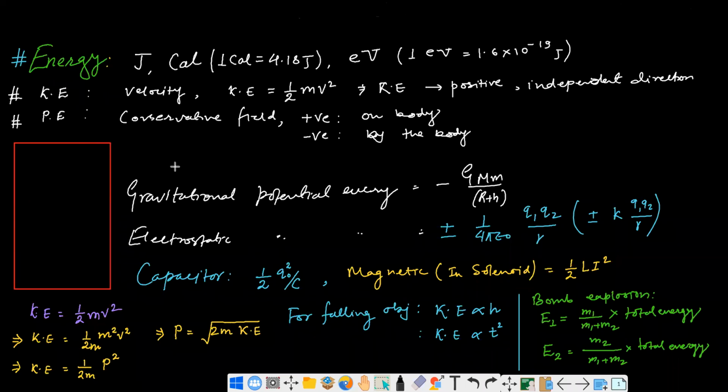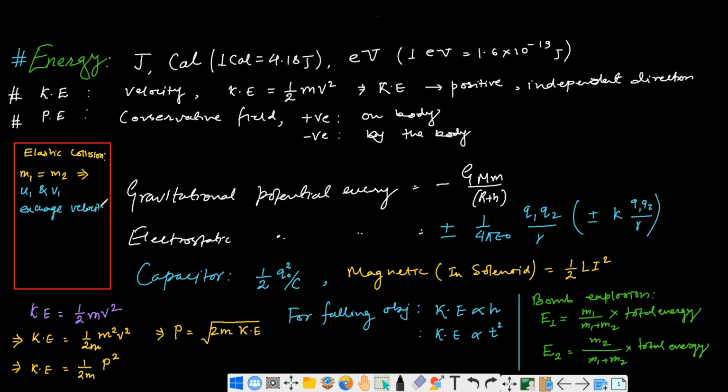In case of collision, sometimes we can easily crack out the answers of some MCQs. So for elastic collision, if your masses are equal, like M1 equals M2, then how we can figure out the velocities: if the initial velocities are U1 and U2, then immediately they will exchange velocity.